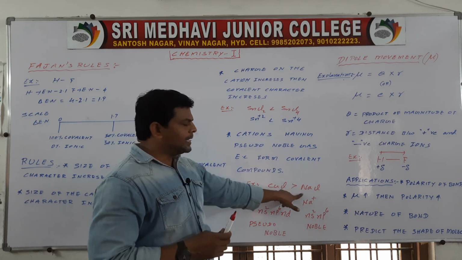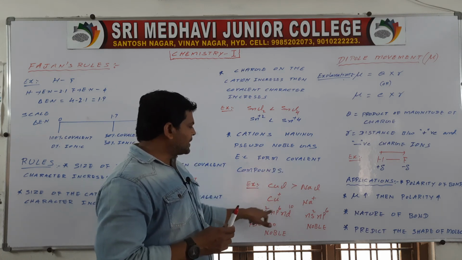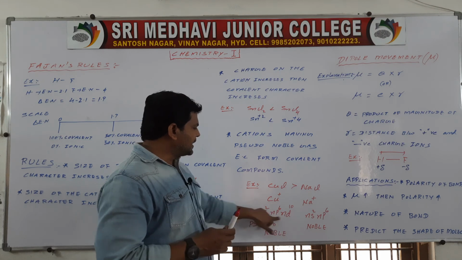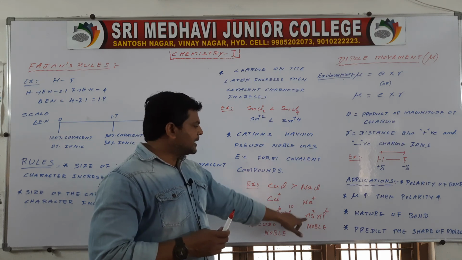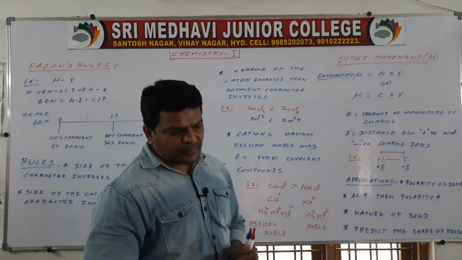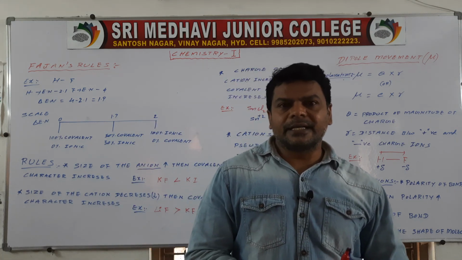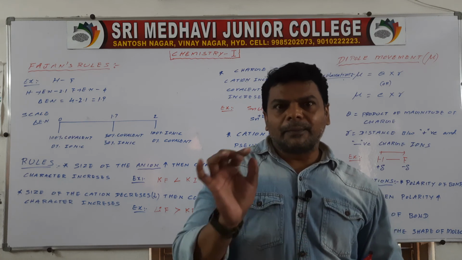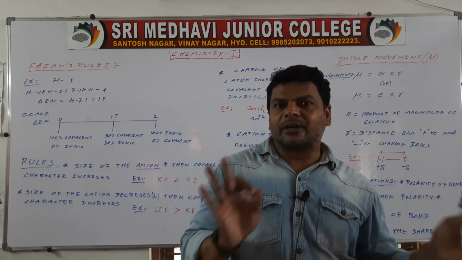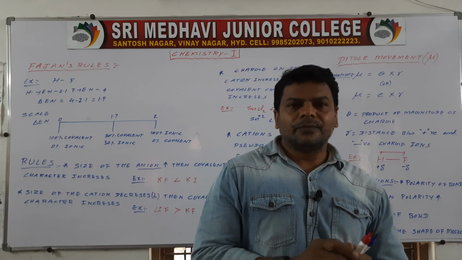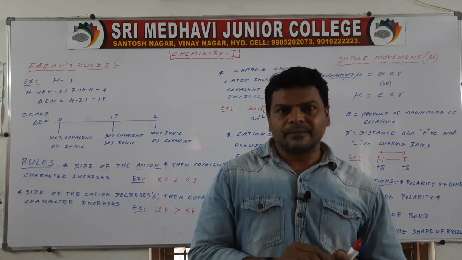Copper Cu plus has Ns2 Np6 Nd10 electronic configuration, while Na has Ns2 Np6. Pseudo means d orbitals are also fulfilled. Cations whose s, p and d orbitals are fulfilled are called pseudo inert gas electronic configuration. Okay.